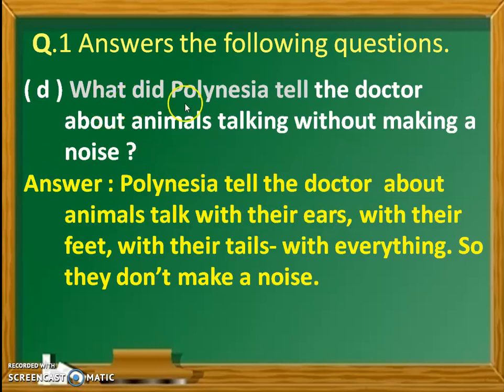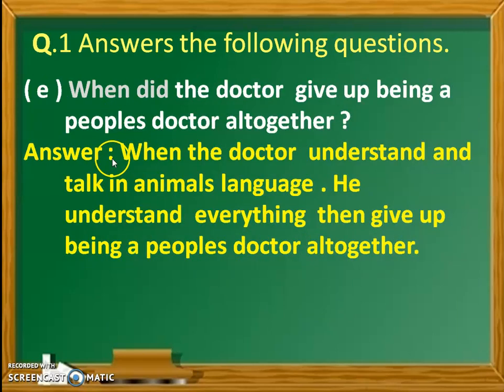D. What did Polynesia tell the doctor about animals talking without making a noise? Answer: Polynesia told the doctor that animals talk with their ears, with their feet, with their tails, with everything, so they don't make a noise. E. When did the doctor give up being a people's doctor altogether?